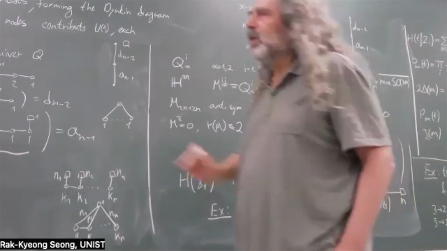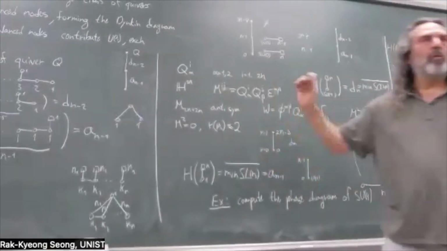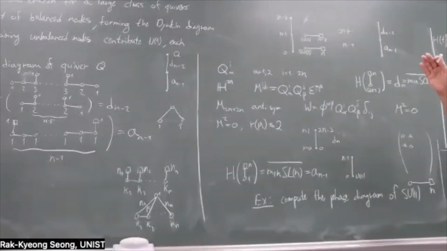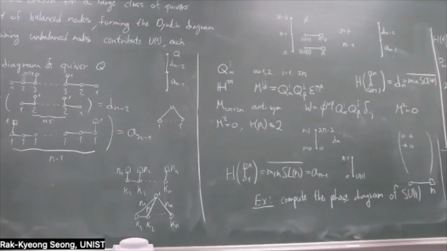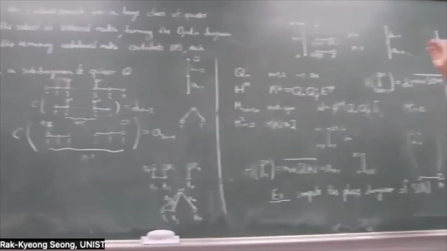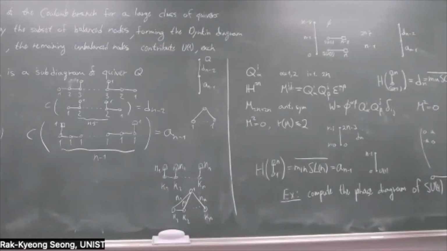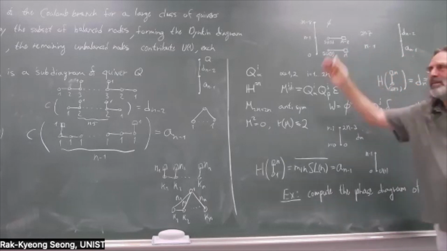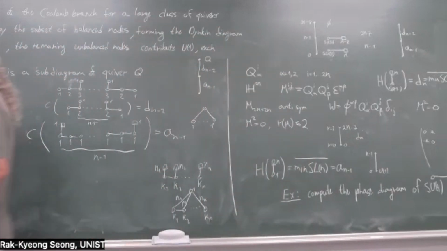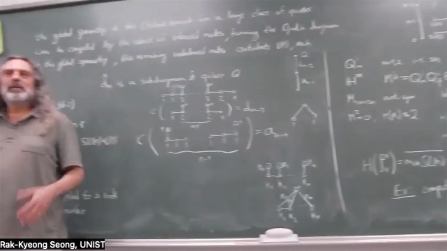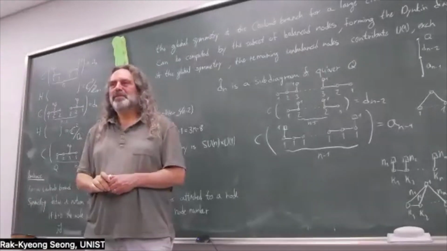They agree with the dimension, they agree with the global symmetry on the nodes, both the U(n) factor and the non-abelian factor, and they agree on the other side. It remains to compute the Hilbert series and to show that they agree. That's the computation. I couldn't do it on the board, but it's an exercise that you can do and show. Once compute the Higgs branch here, and once compute the Coulomb branch here, show that you get the same Hilbert series.